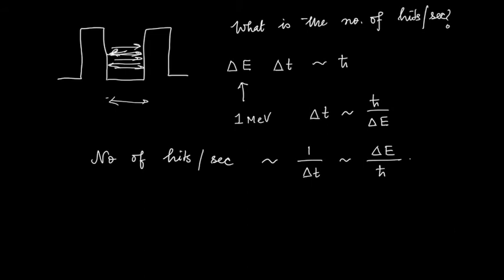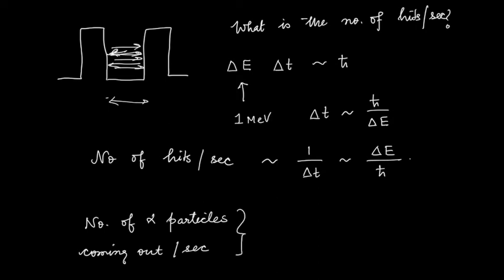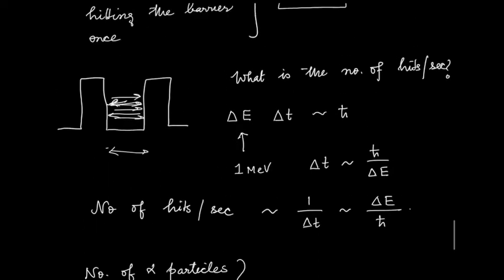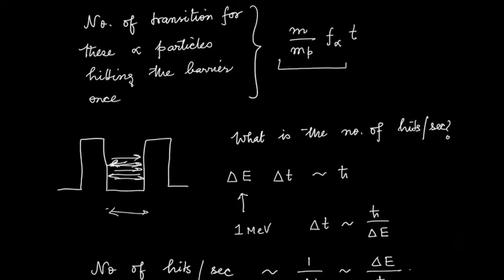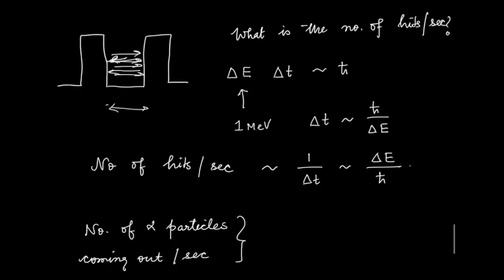So we can now figure out the number of alpha particles coming out of the nucleus per second. What will be this number? For one hit, this was the number m by m_p f alpha t.